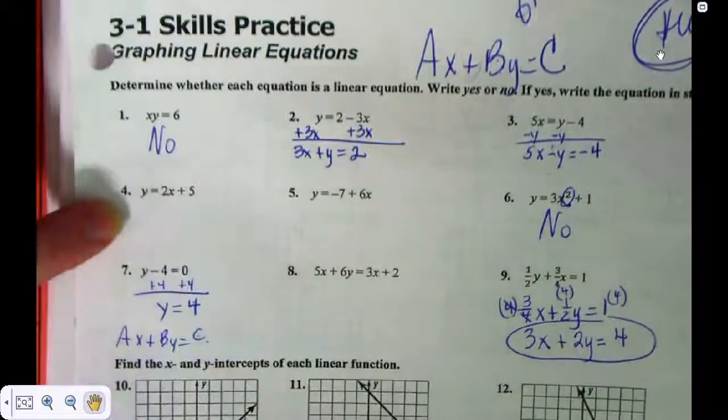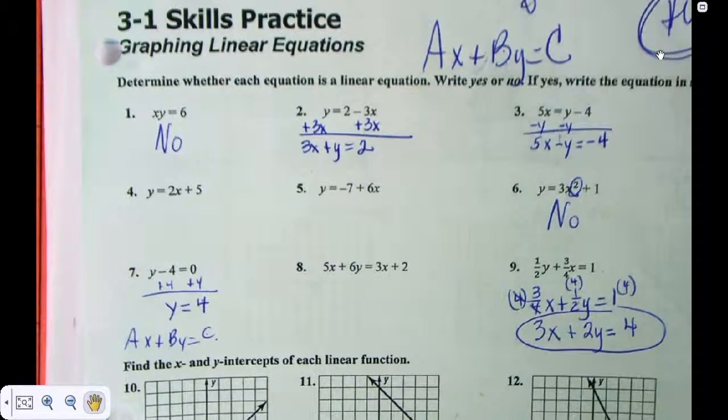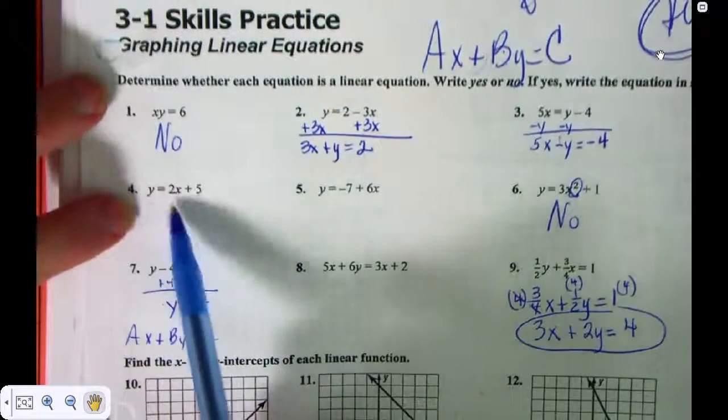4. Is that linear? What form is that in that we learned yesterday? Yes, y equals mx plus b, which is called the slope-intercept form. I'm bad about saying the y-intercept form. It's the slope-intercept form. And so 2 would be the what?